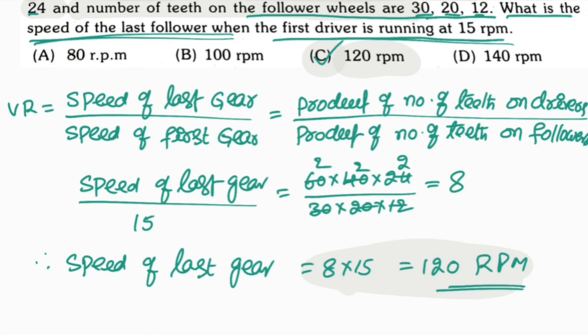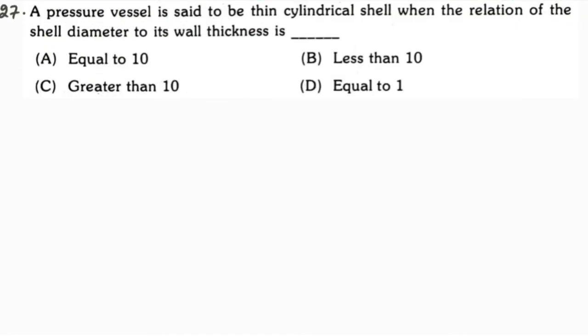Let us take one more problem. Look at the 27th problem. A pressure vessel is said to be a thin cylindrical shell when the relation of the shell diameter to its wall thickness.